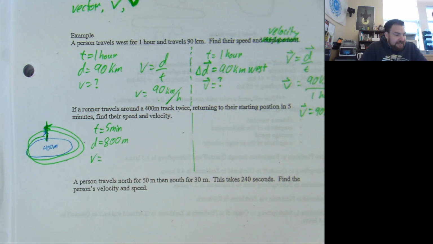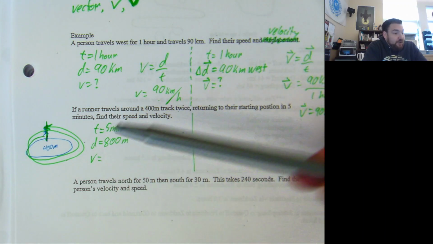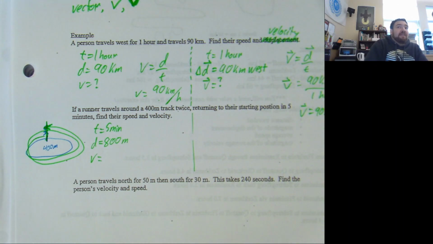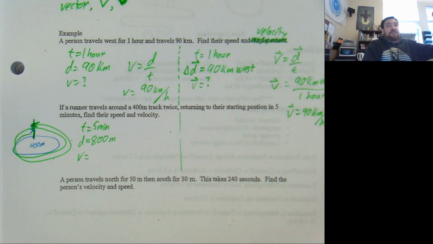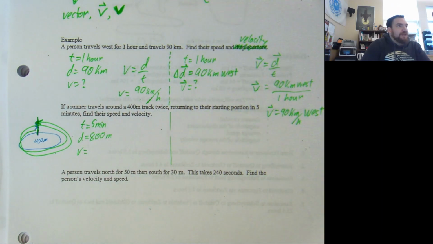Now, when we're calculating these things, minutes is not a unit that we use. Sometimes I will say I want your answer in these units, but I won't always. You need to get into the habit of looking for places where units don't make sense. Meters per minute isn't a unit we use for the speed of something.